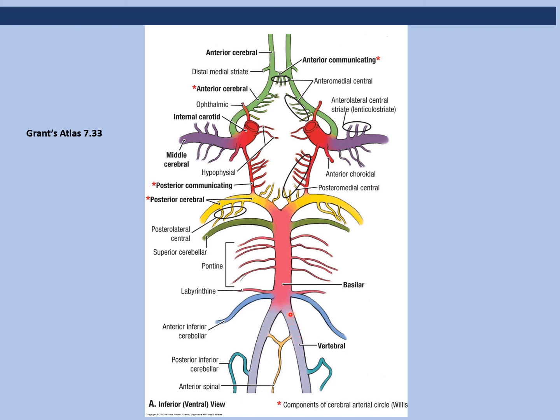Also, a structure that you're responsible for in lab, but is not discussed in your notes, is the arterial supply to the brain. The internal carotid artery enters through the carotid canal, and the middle cerebral and anterior cerebral arteries are branches of that.